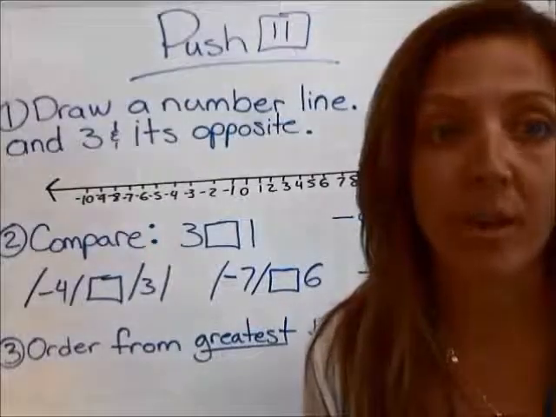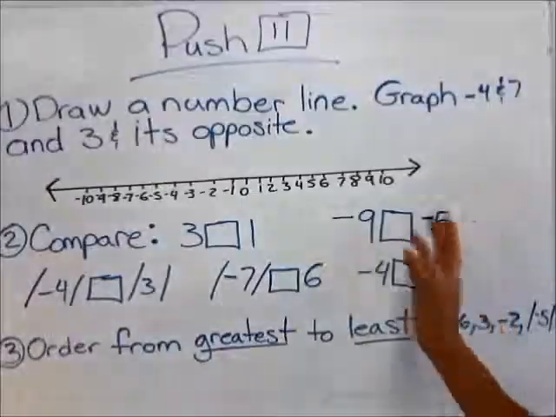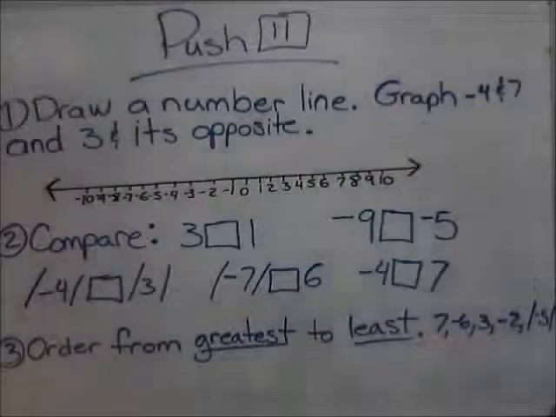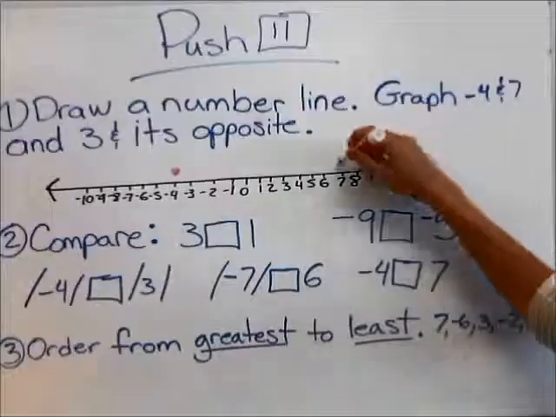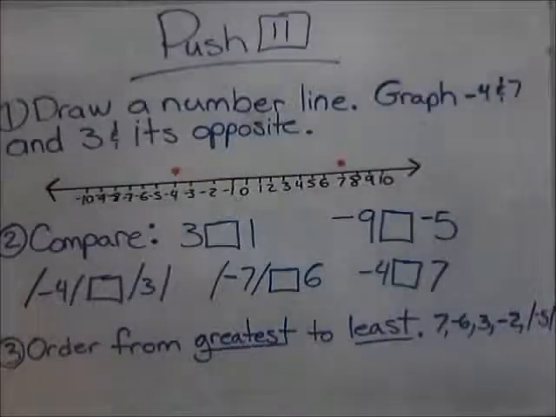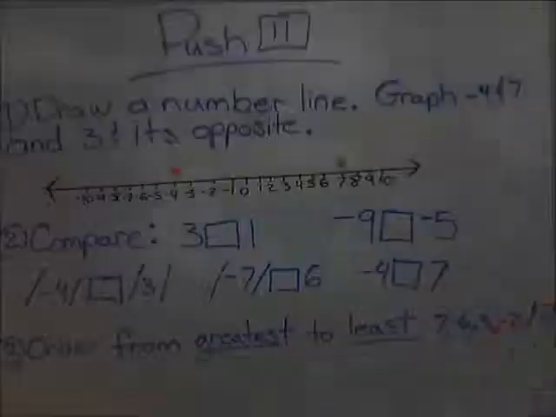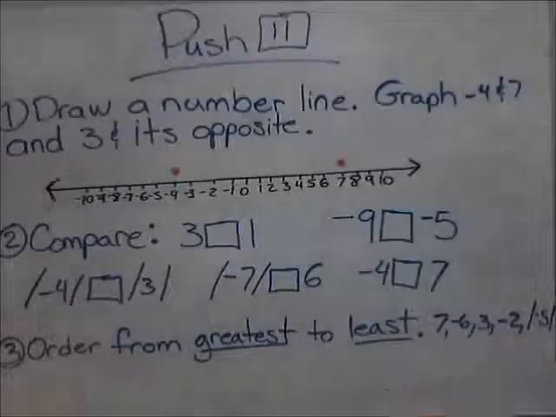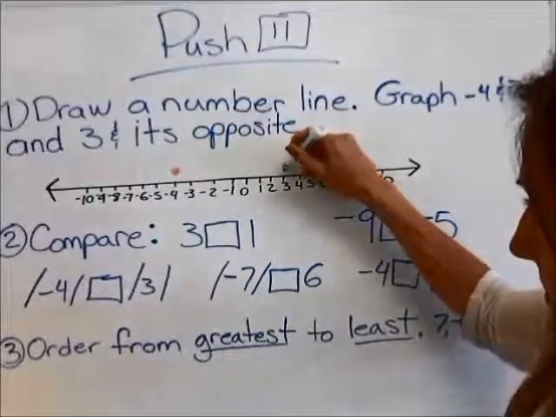Number 1, draw a number line and graph -4 and 7. Let's do that one first. So here's -4. And there's 7. And 3 and its opposite. So here's 3.